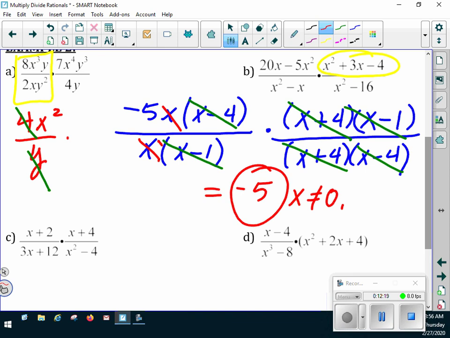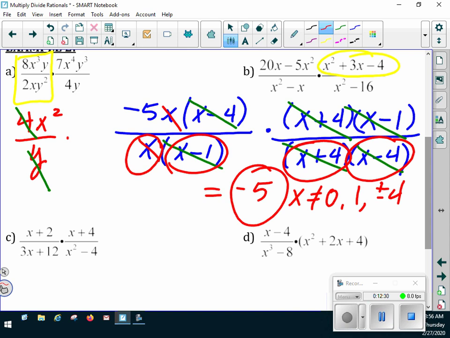X cannot equal 0 because that would come from right there. 1. Negative 4. Or 4. There are my excluded values. Remember, what does an excluded value do to the problem? Why can I not use them? Good, because I get 0 in a denominator.